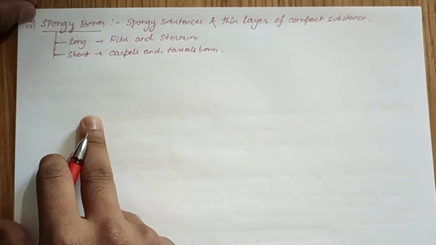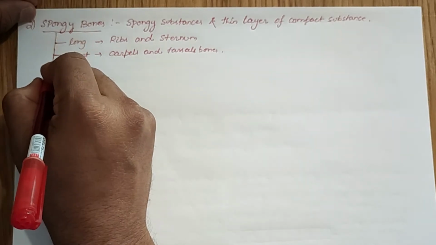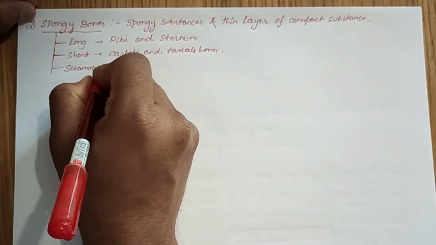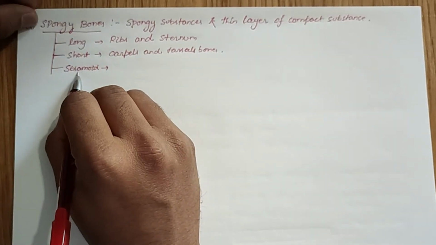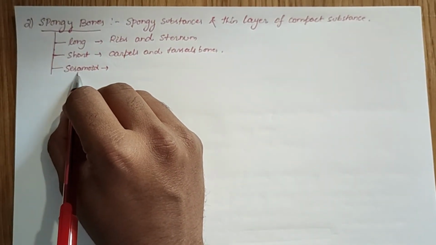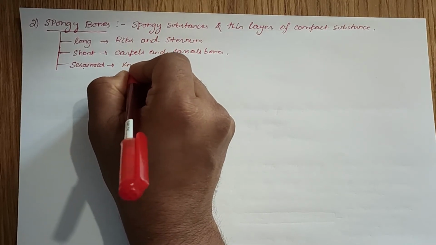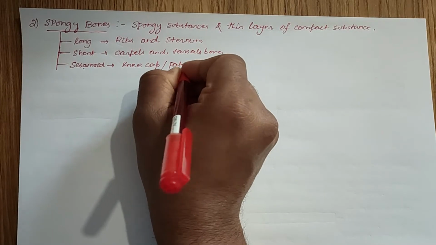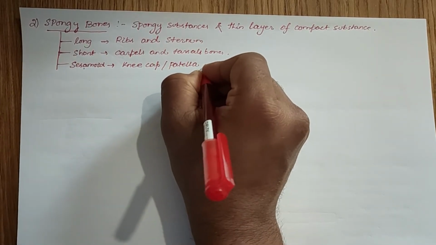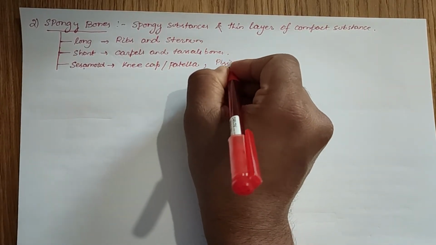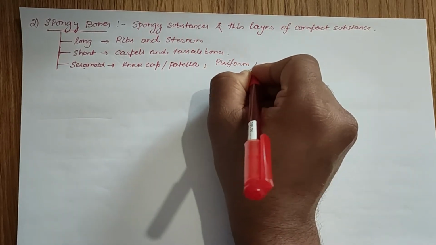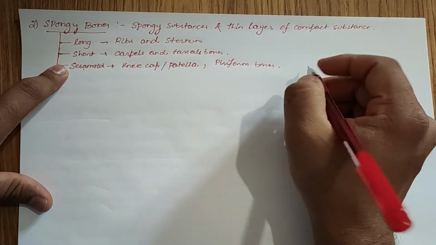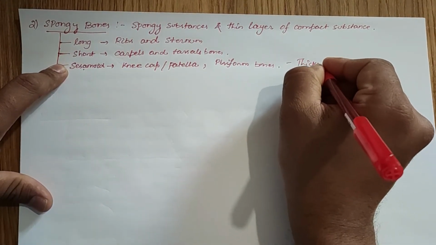Okay, and it also has one more type, that is sesamoid bones. That is important because these bones look like sesame seeds. They are the kneecap or patella, and the pisiform bones. These sesamoid bones are present in the thickness of tendons.